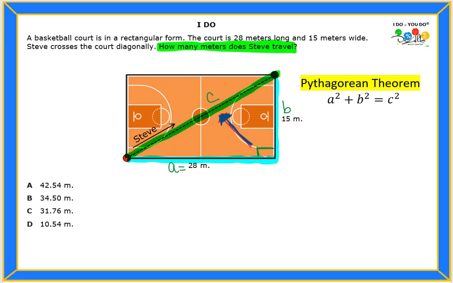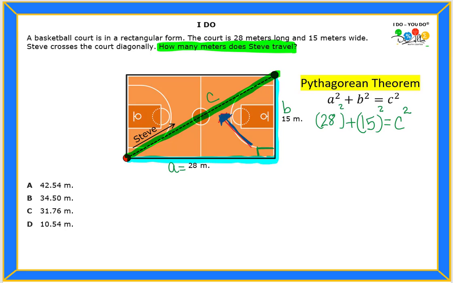So let's go back and replace values here. A is going to be 28 meters, so I'm just going to write down 28 to the second power. We're using meters as units. B is 15 squared, and equals C squared.